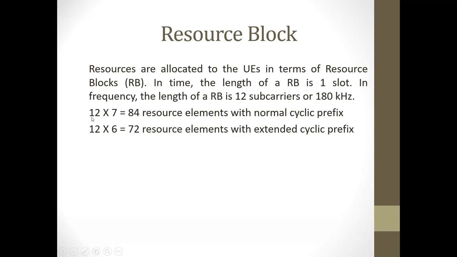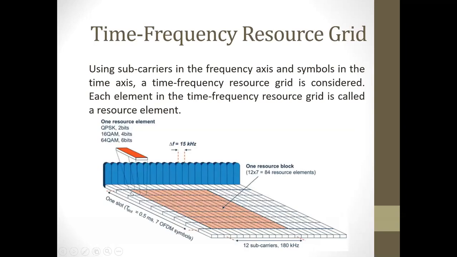So there will be 12 times 7. If I count 12 subcarriers this way, and then this way I count 7, once I take one slot, then I have 7 symbols. Then how many symbols do I have in this whole range? 12 times 7.